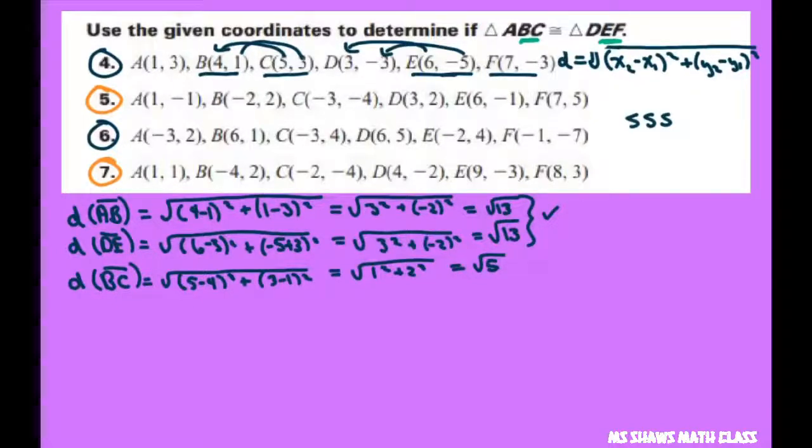So that should equal E to F. So let's do that one. We're doing E to F. That gives you 7 minus 6 squared plus negative 3 minus a negative 5, and that gives you negative 3 plus 5.